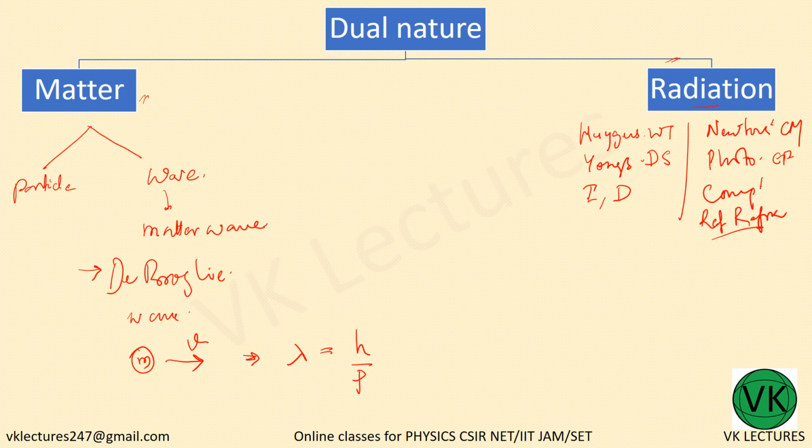And the wave is called matter wave. The velocity at which this moves is called VMW, that is velocity of the matter wave. It doesn't have any physical significance, no physical significance. This matter wave doesn't have any physical significance.